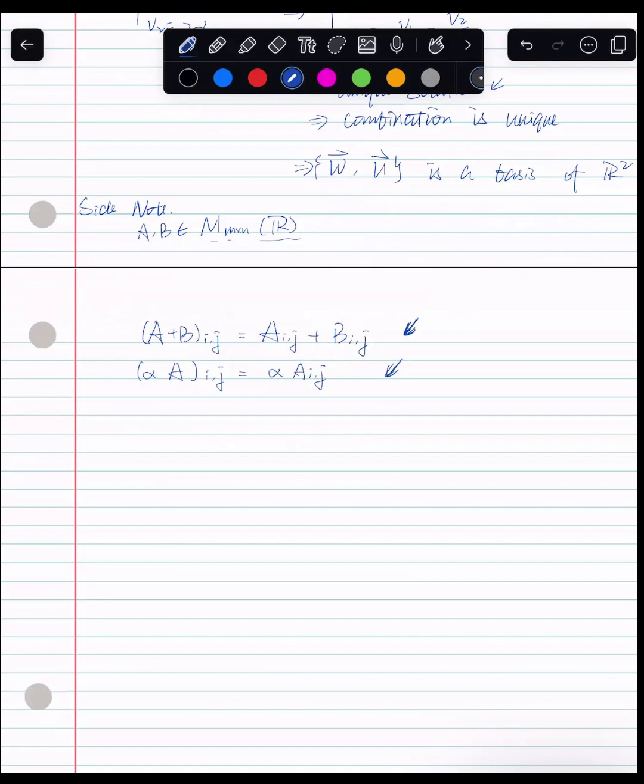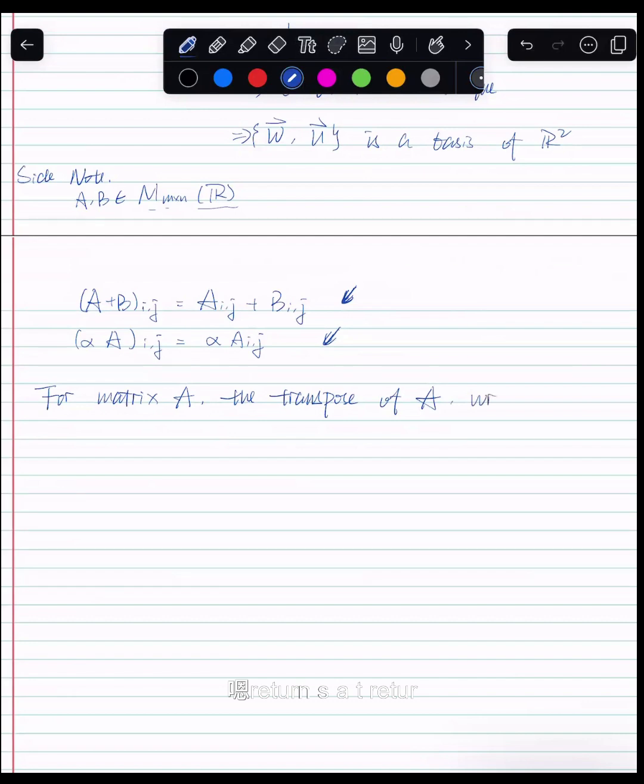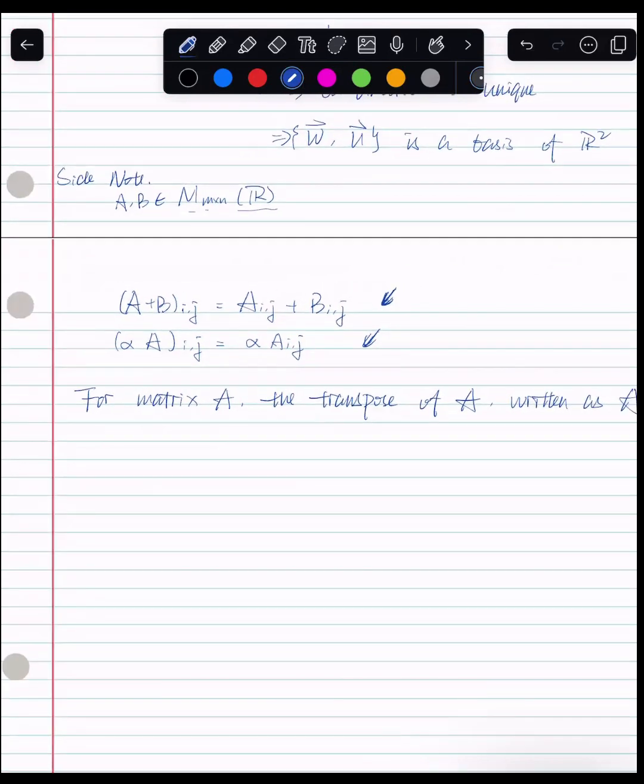We define, for a matrix A, the transpose of A, written as A transpose, is defined by the ijth entry of the transpose being the original matrix A's ji entry.